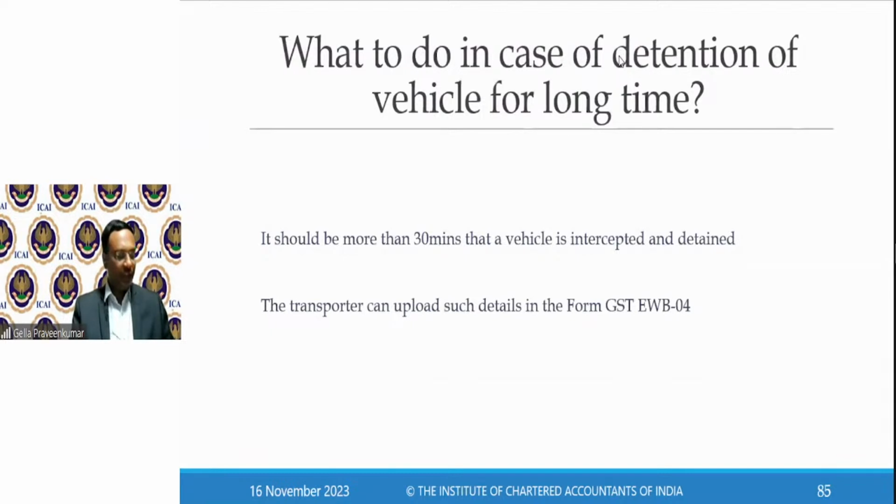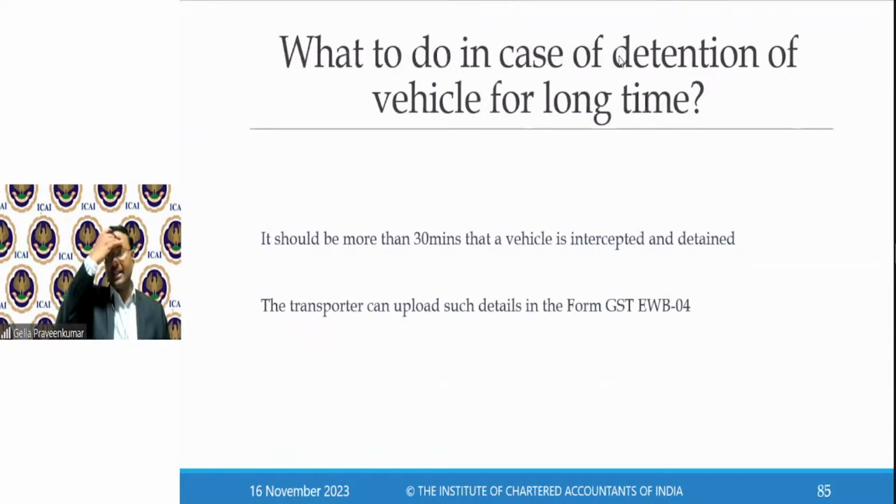From the factory, you will go to the nearest railway station by road, from factory to the railway station, by truck. Then you will give it to the railways. On the train, the goods carrier will start from Uttar Pradesh and reach Kerala. Once it reaches Kerala, from the railway station, again you will put it onto a truck and take it to your factory. Multi-modal: road to train, train back to road.